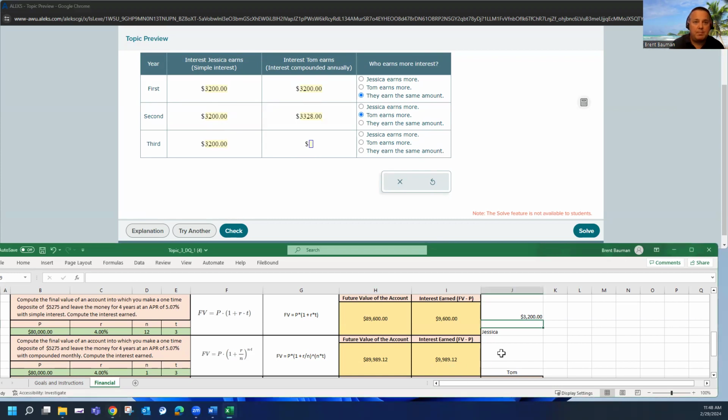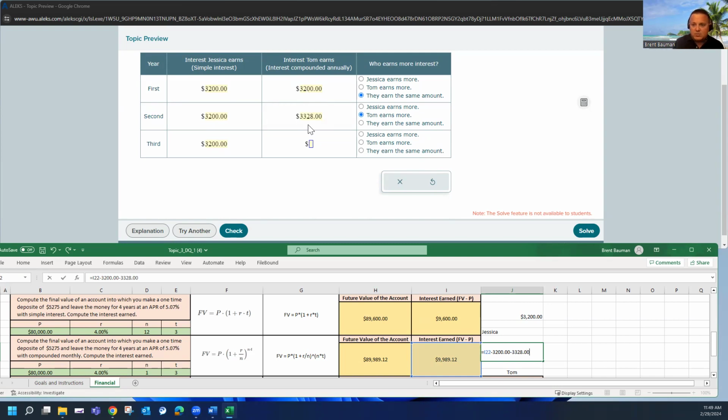Okay, Tom. Same idea. We have the total interest for all 3 years, and we only want the interest for that third year. So I'm going to subtract off what he earned in the first year, which was 3,200, minus what was earned in the second year, which was 3,328.